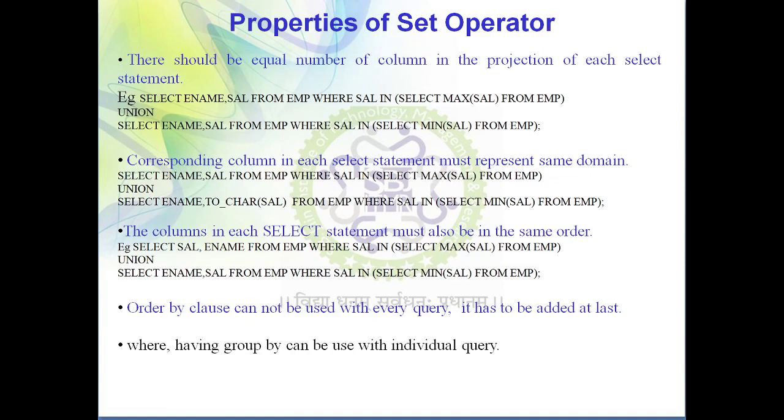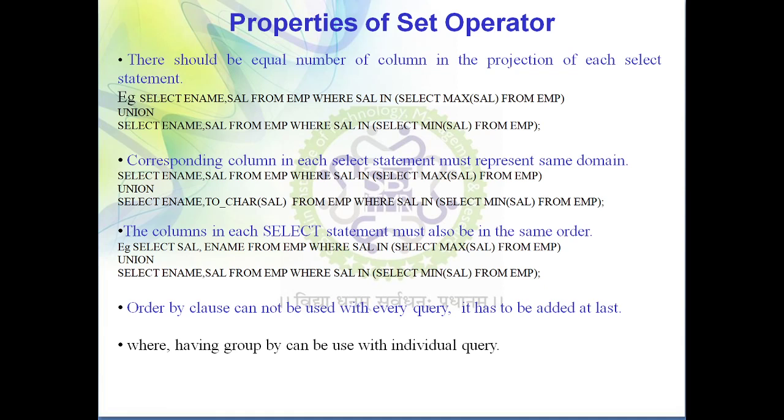First we try to understand the properties of set operators. One thing we know about a set operator is that it is used to combine common data from more than one table. So what are the properties that we need to follow? There should be an equal number of columns in the projection of each select statement. What is the meaning of it? For example, suppose I need to find the name of a person having the highest salary, and I need to find the name of a person having the lowest salary.